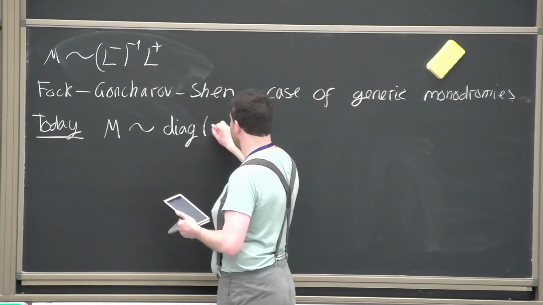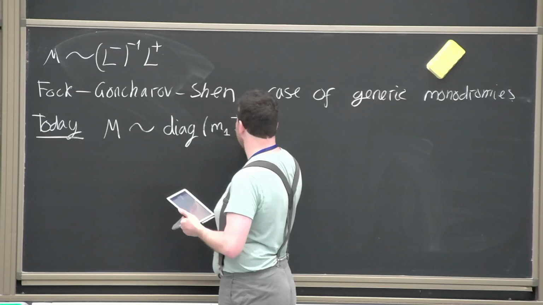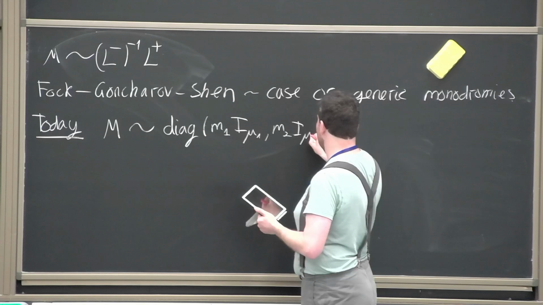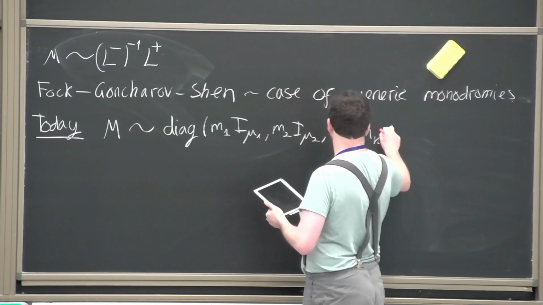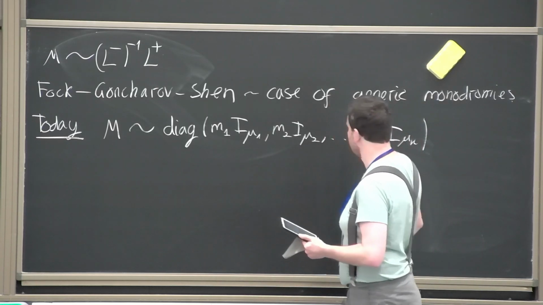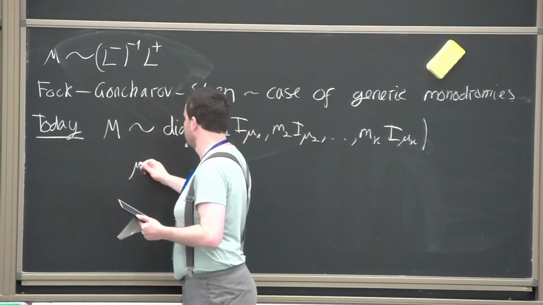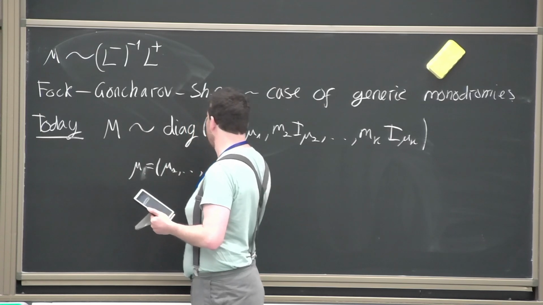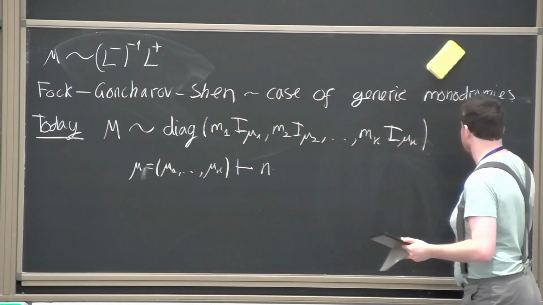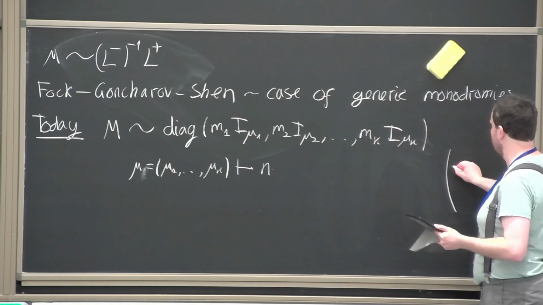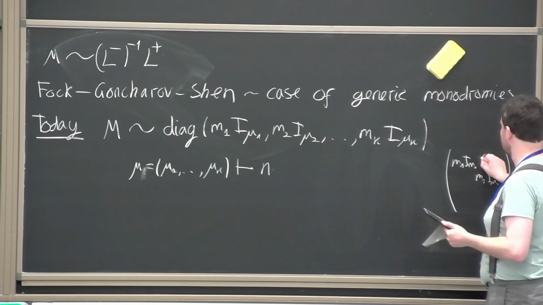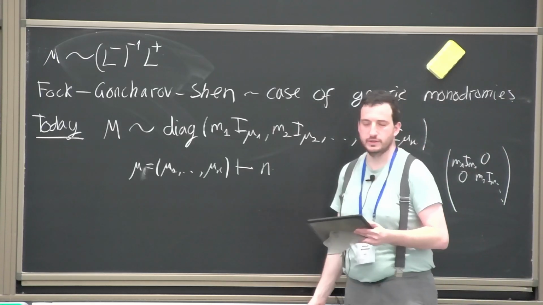So now I assume that this diagonal matrix is of the form m1 I_mu1, m2 I_mu2, and so on, mk I_muk, where mu1, mu2, up to muk form mu, a partition of N. So the monodromy is assumed to be conjugated to a matrix of the form m1 I, m2 I, and so on. And this I stands for the identity matrix.